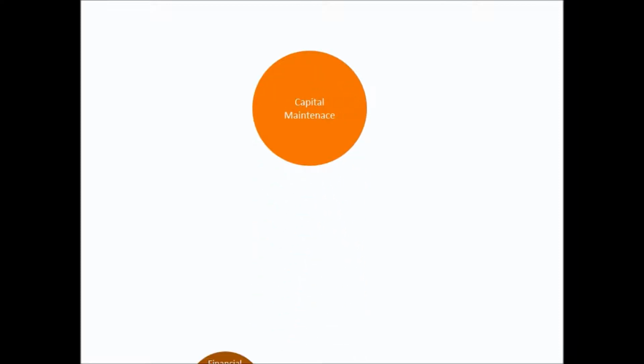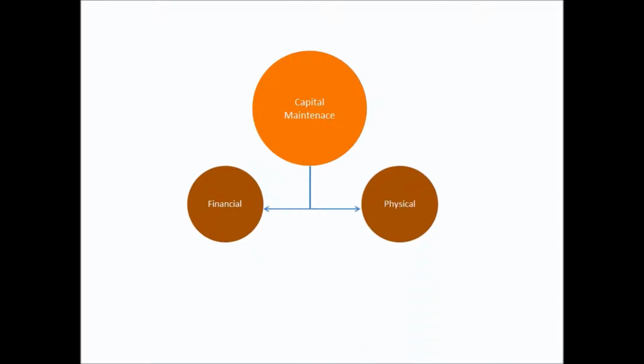There are two types of capital maintenance. One is financial and the other one is the physical capital maintenance. Financial capital maintenance deals with actual funds from the beginning and the end of the accounting period.